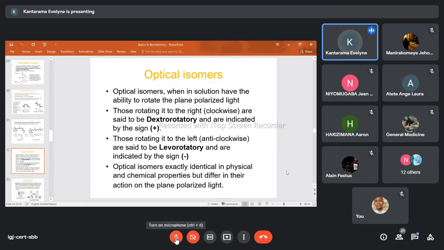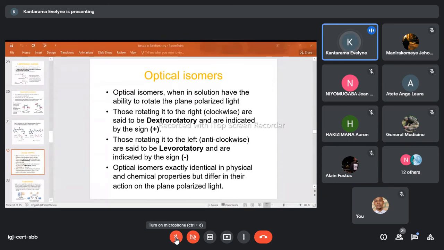Now, optical isomers. If we say optic in physics, it implies the use of some lenses or mirrors, whatever. I'm not good in physics, but if we say optical, it is a kind of physics there.